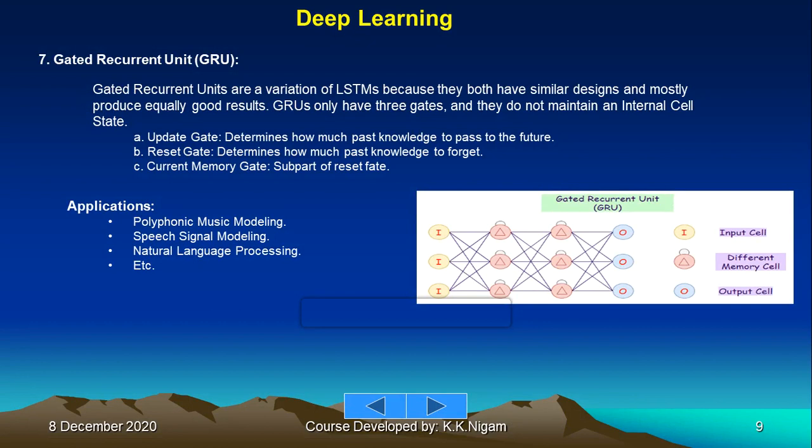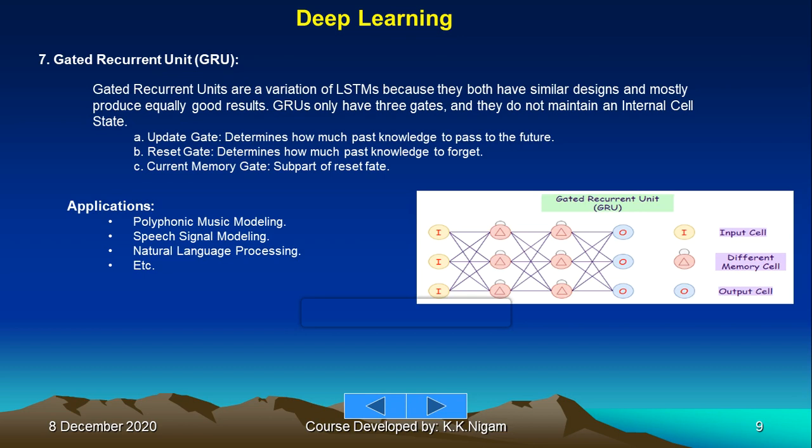Gated recurrent unit, that is GRU. Gated recurrent units are a variation of LSTMs because they both have similar designs and mostly produce equally good results. GRUs only have 3 gates and they do not maintain an internal cell state.